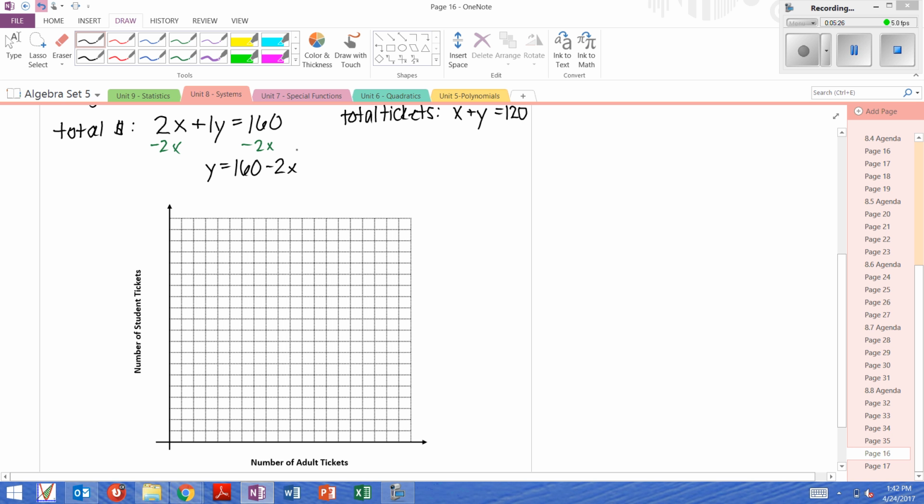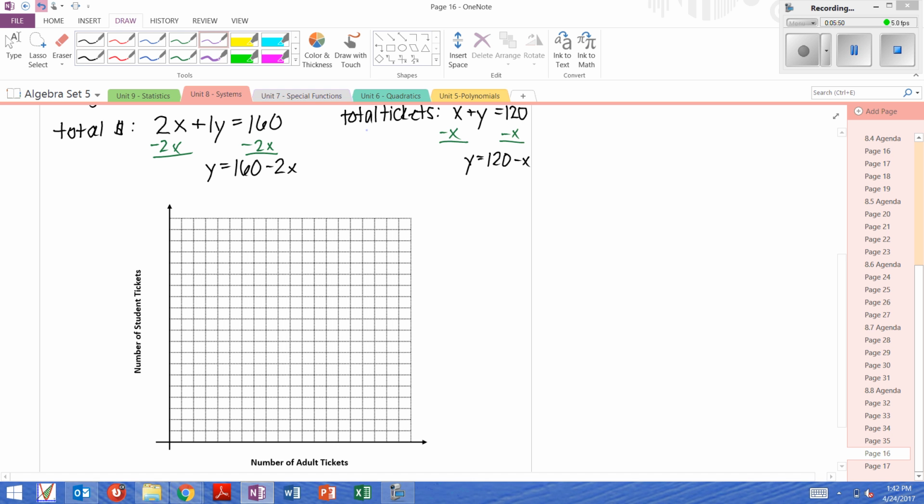Let's do the same thing with the total tickets. Here we could subtract away x from both sides, and I end up getting y is equal to 120 minus x.